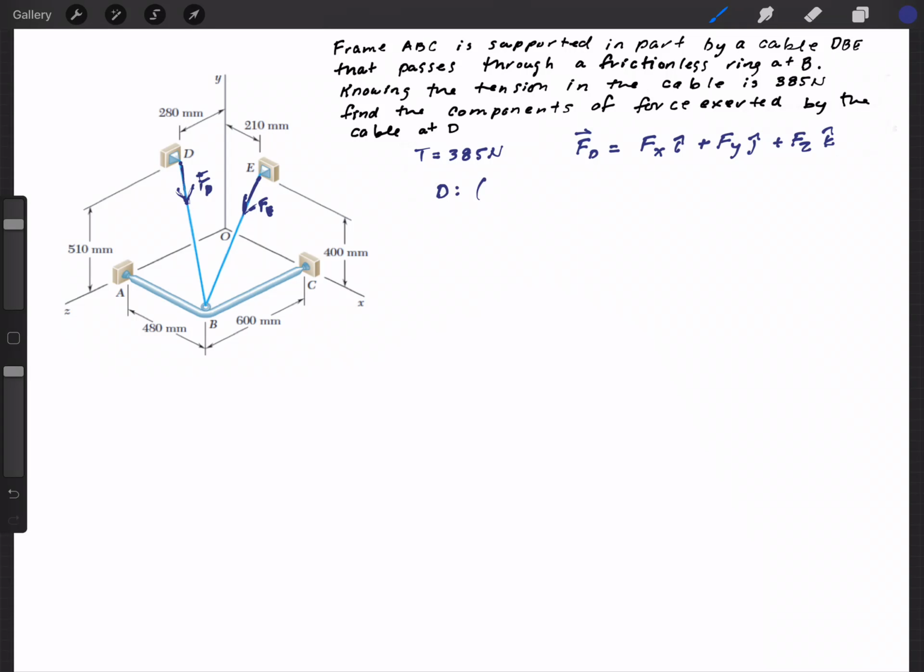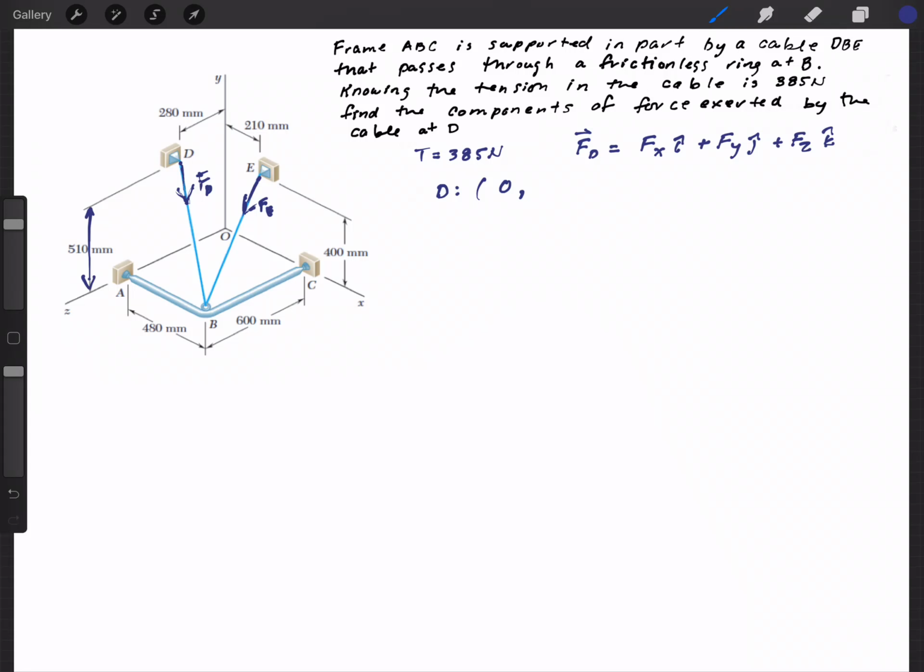The coordinate of D along the x-axis is 0. It's on the YZ plane, so the x component of D is 0. The y component of D would be this measurement here.